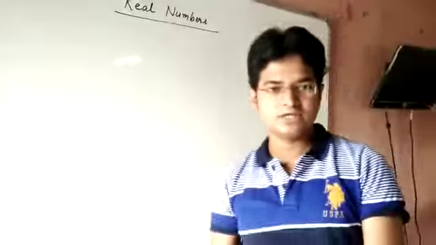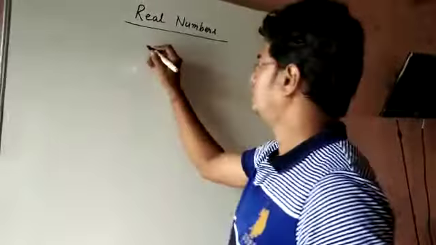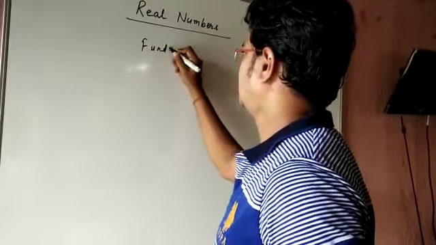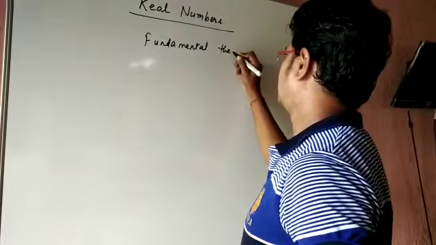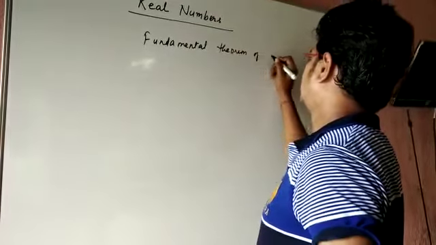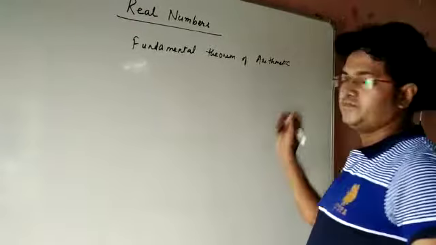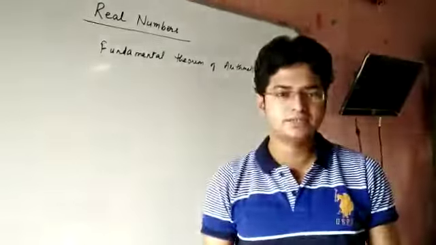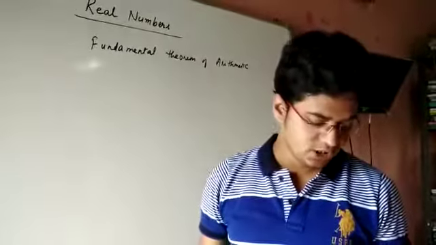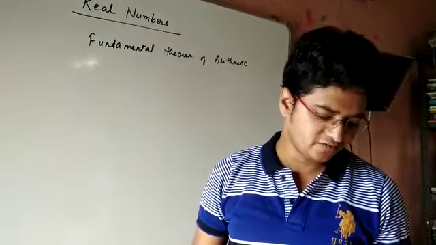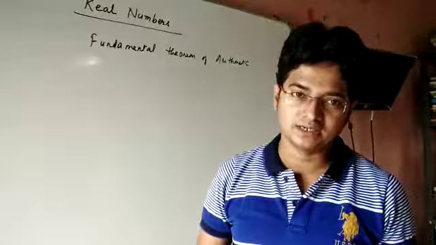Next is the fundamental theorem of arithmetic. As per the definition, it says every composite number can be uniquely expressed as a product of primes, except for the order in which the prime factors occur.